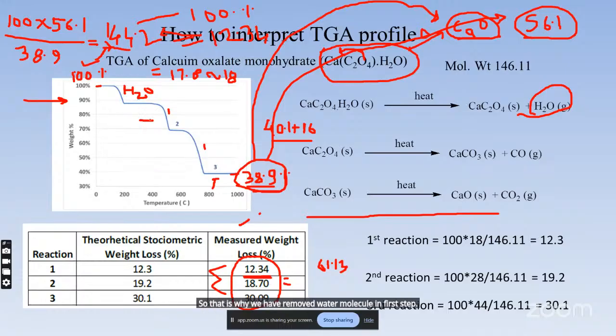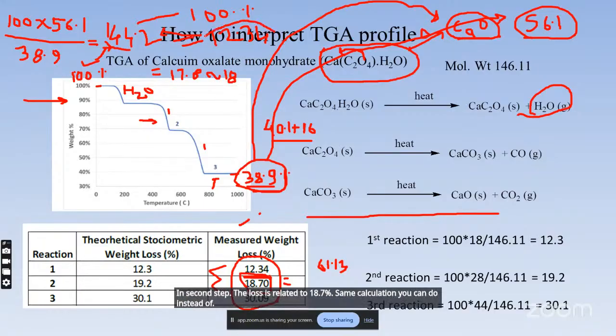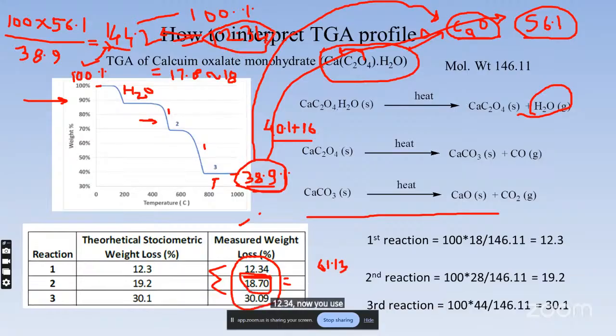In the second step, the loss is 18.7%. Same calculation you can do. Instead of 12.34, now you use 18.7 into 144.2 divided by 100. It will be 27 somewhere around. Now we can approximate it to 28.